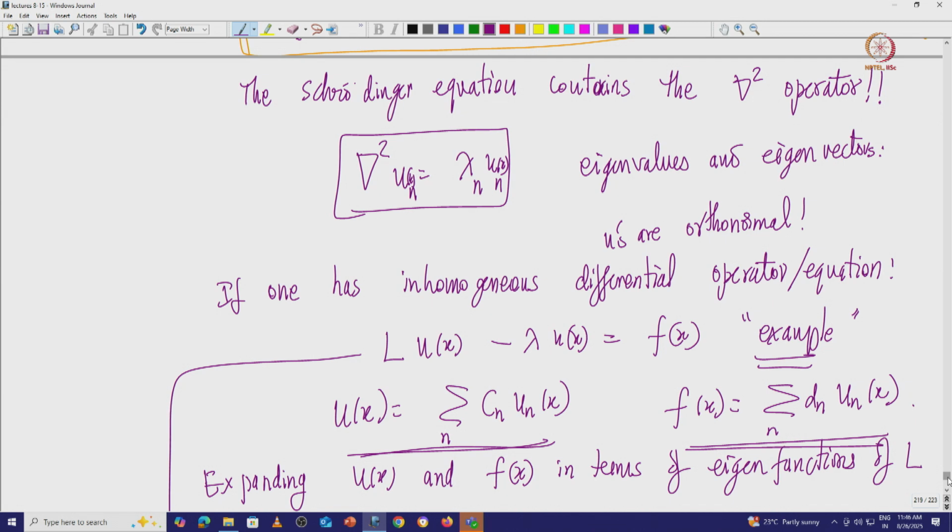summing over all the solutions of the differential operator in a given, say, differential equation, say for example all the eigenfunction solutions of the differential operator. So we showed it how?